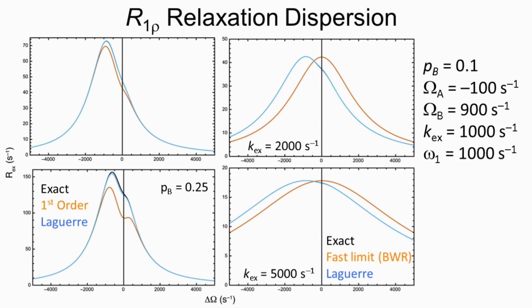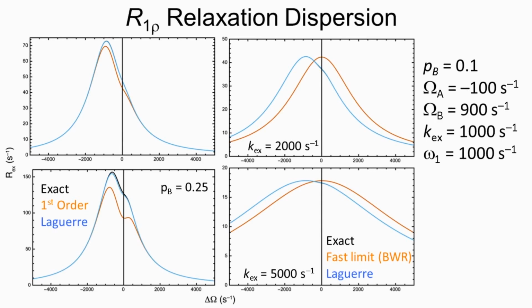And perhaps surprisingly, even if KEX is increased to 5,000, so now KEX is 5 times larger than delta omega, we might think that's actually quite fast exchange. You can see that there's still an offset between the curves.